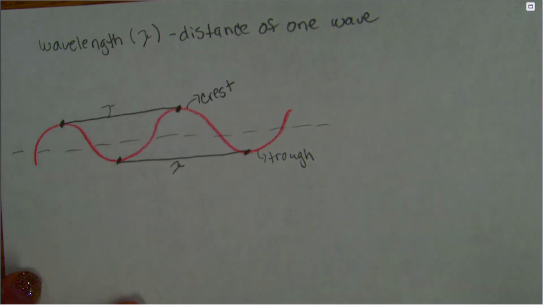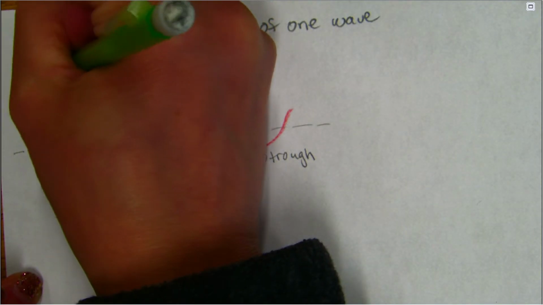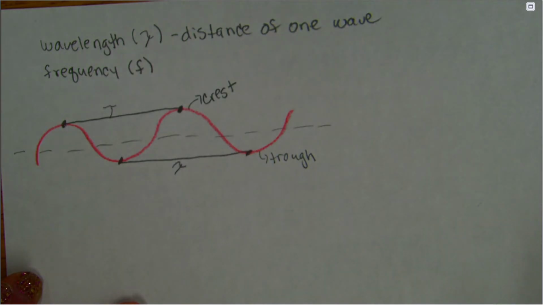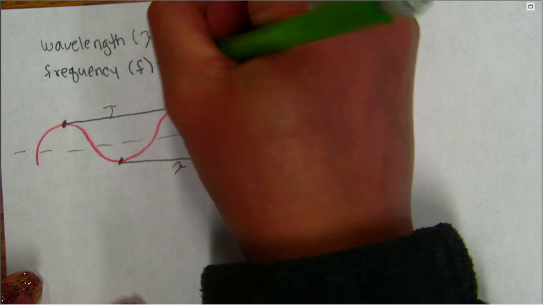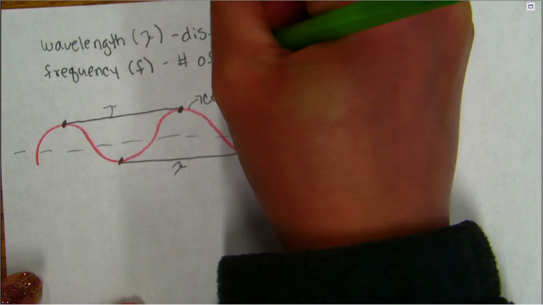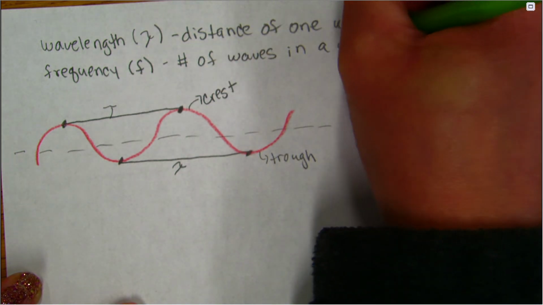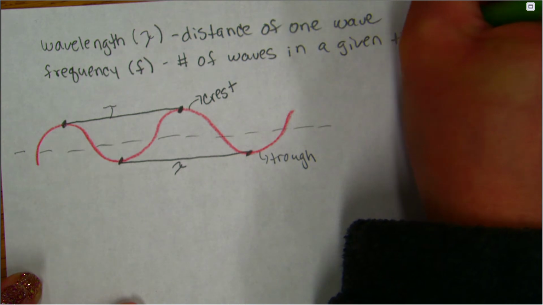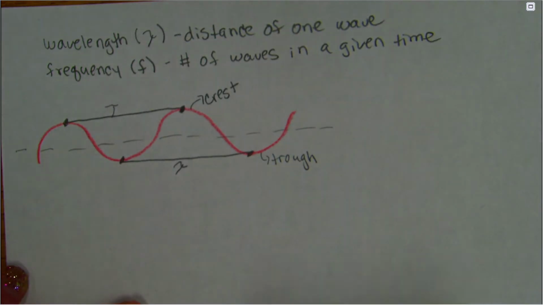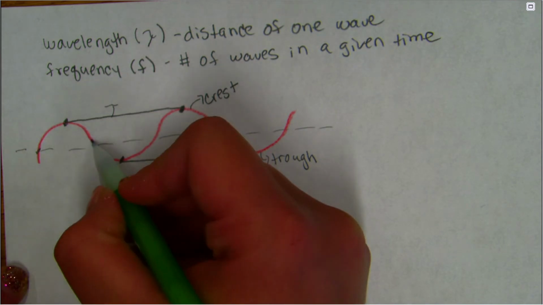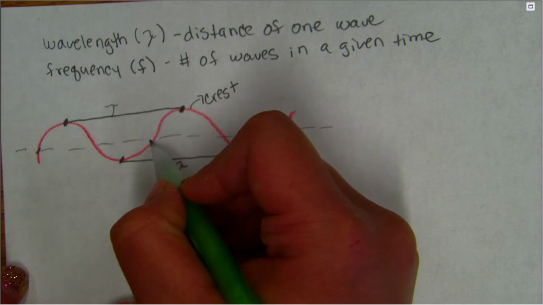Now, frequency, and we're going to use an F for frequency. This is the number of waves in a given time. So to count our waves, essentially, we have one up and one down.